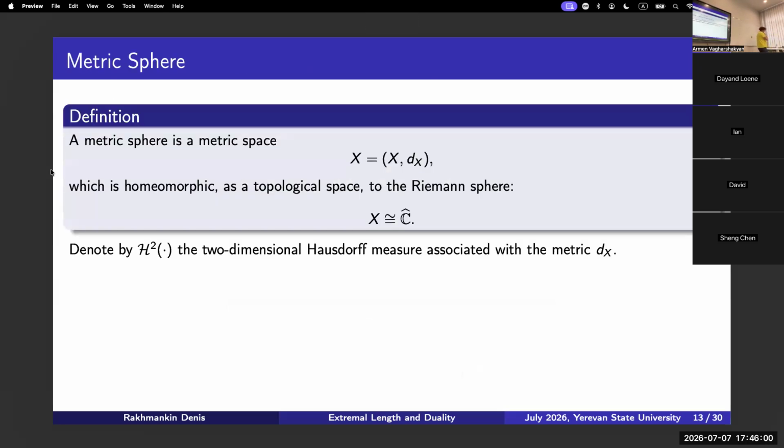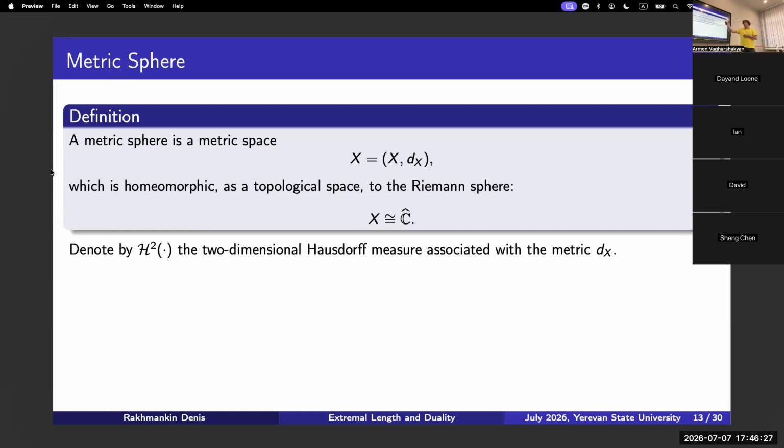So we defined a basic object, and we proved something for the situation when we have conformal instruments. But what's going on if we want to use this instrument but we don't have a Riemann structure on our sphere? We want to extend this idea to the metric sphere.